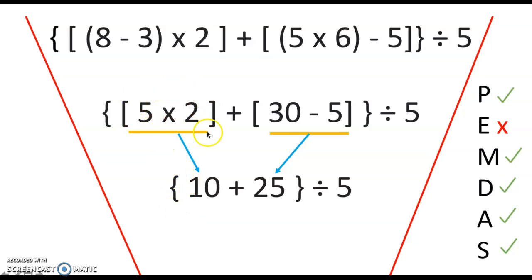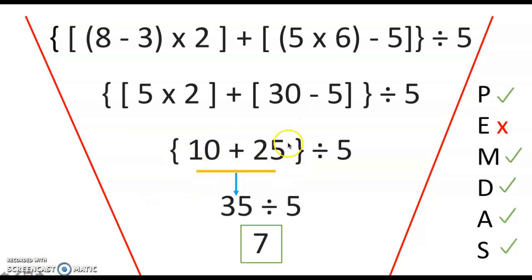However, I am solving for the brackets portion, which is 5 times 2. Rewriting it right here, 5 times 2 is 10. And then I'm also solving the second half of the brackets expression, which is 30 minus 5, which is 25. And last but not least, I'm making sure I'm rewriting that division step. Because it's not within the braces, this is going to be the last thing that we solve.